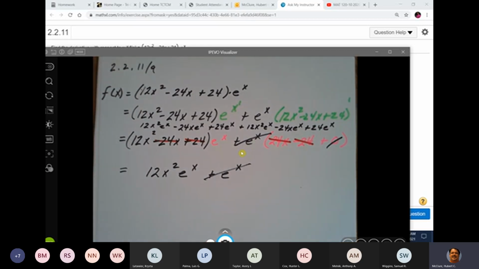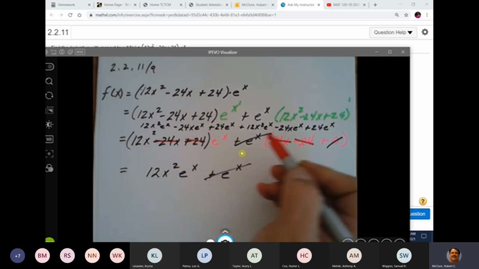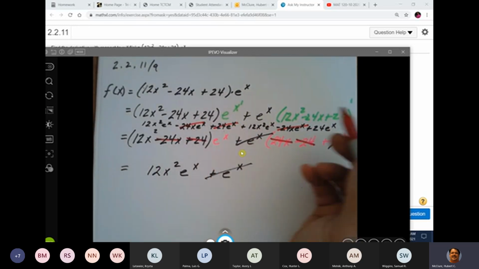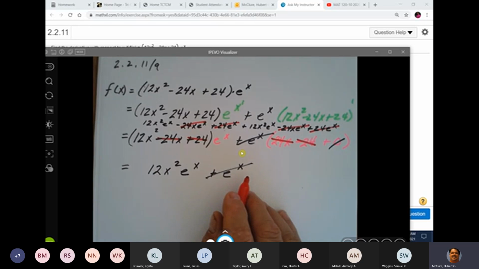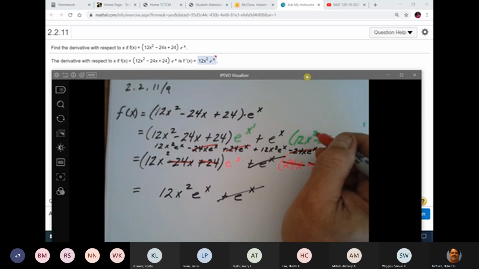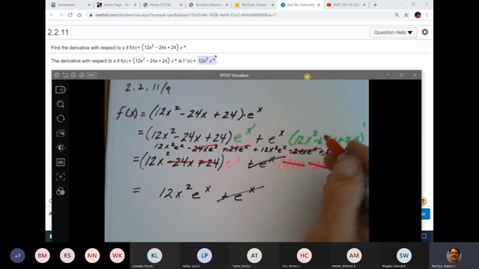But here, 24x e to the x goes out. 24 e to the x goes out. And 12x squared e to the x. Wait a minute. Why am I not getting, oh. Yeah, I didn't take the derivative. I should have taken the derivative here.